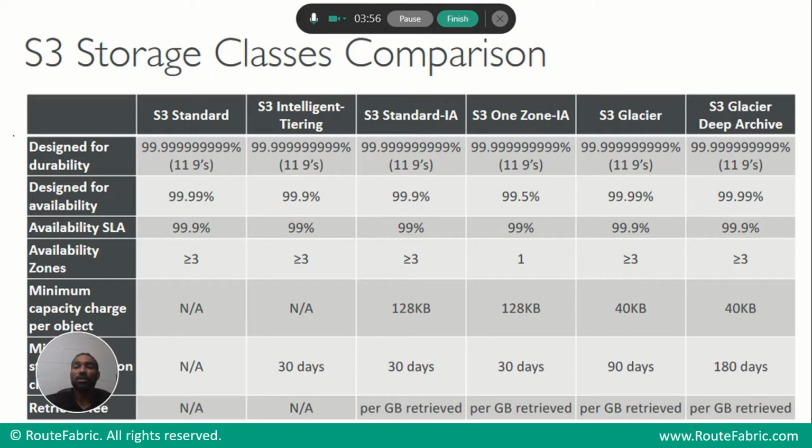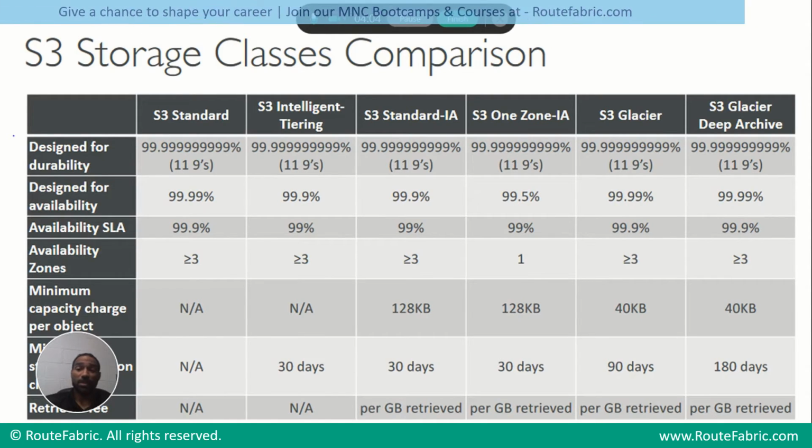S3 Glacier Deep Archive is if you intend on keeping data stored for at least 6 months, 180 days. It's still durable at 11 nines, highly available, and in 3 different availability zones.